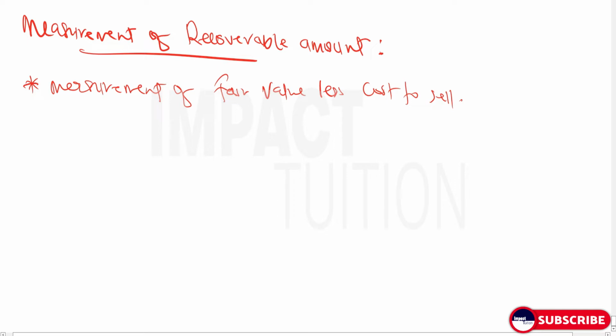The fair value less cost to sell can be measured by way of a binding sale agreement, and then the current market price less the cost of disposal.